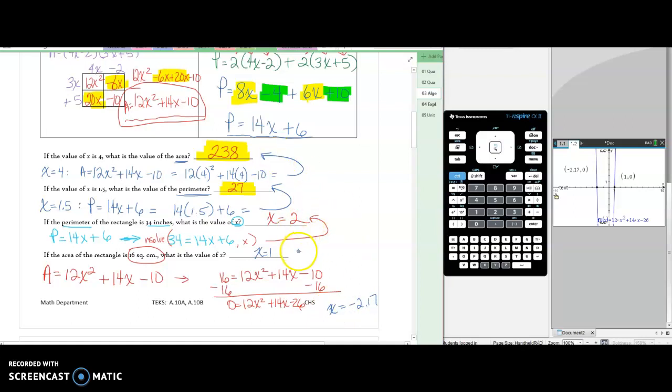Well, we only use this answer because it's a real world situation, because it's positive. And you have to remember those things. Let me write this. I can't write and talk at the same time, y'all. So we only use the positives because it's a real world situation.